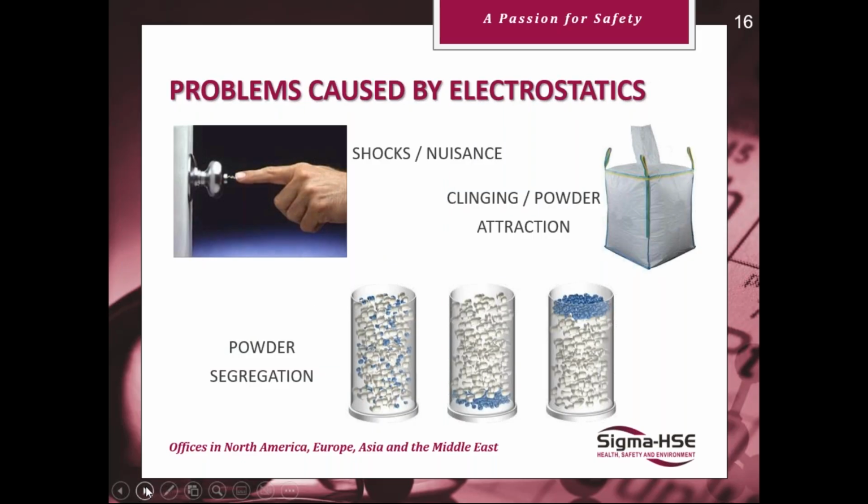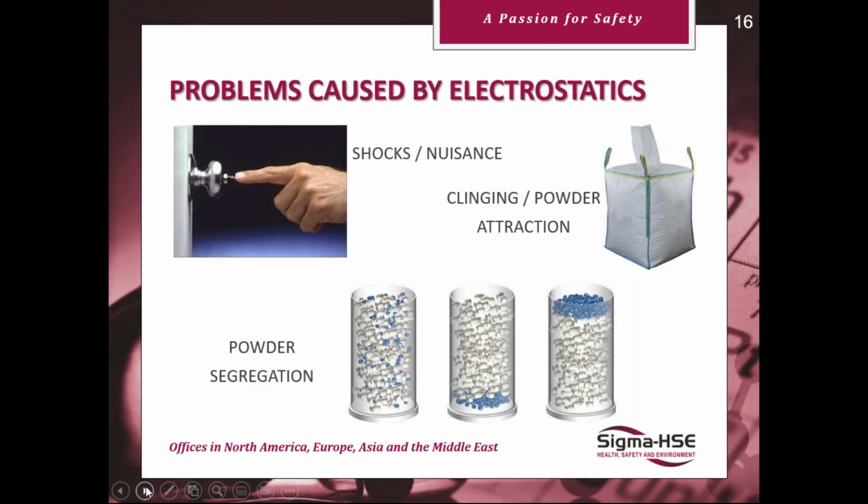But now we come to the problems with electrostatics. These are the ones you normally hear about. You very rarely hear the good things. Normally you only hear the bad things. So shocks, nuisance. If you have electrostatic charge and someone gets a shock, it's not just the shock. It's the fact they can make you jump backwards.